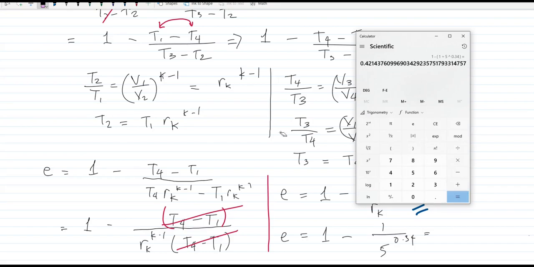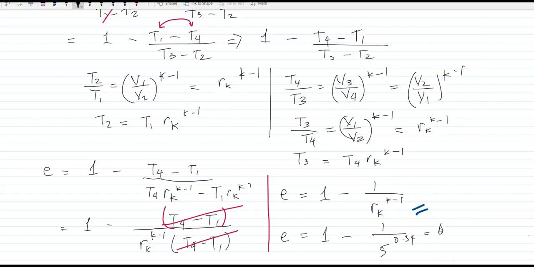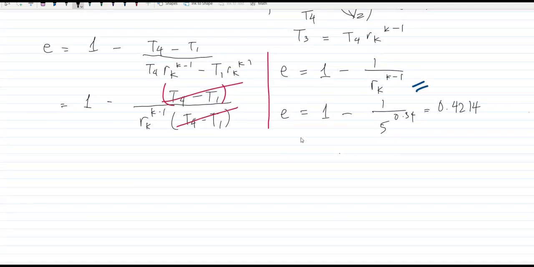So the answer is 0.4214. So of course this is efficiency, and we should express this in terms of percentage. So 42.14%.